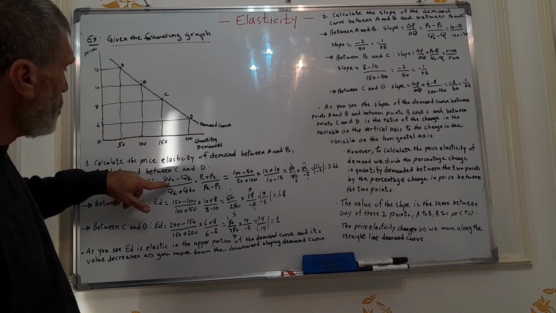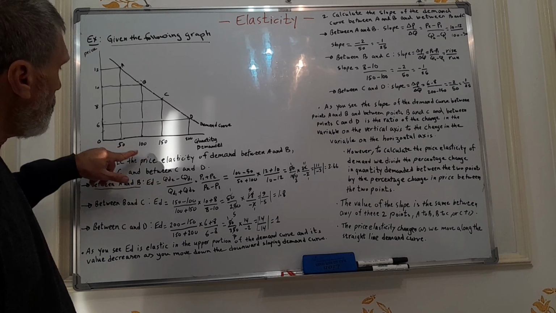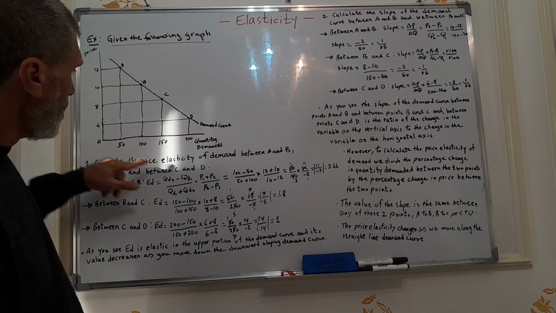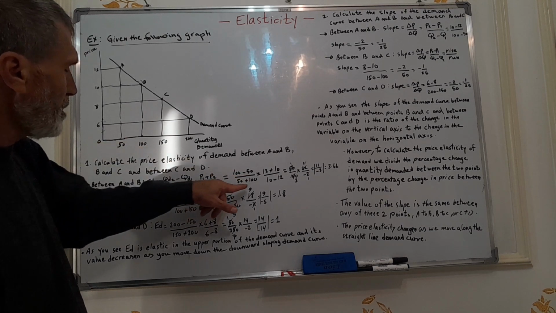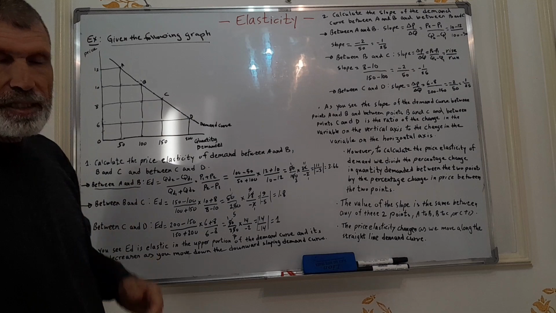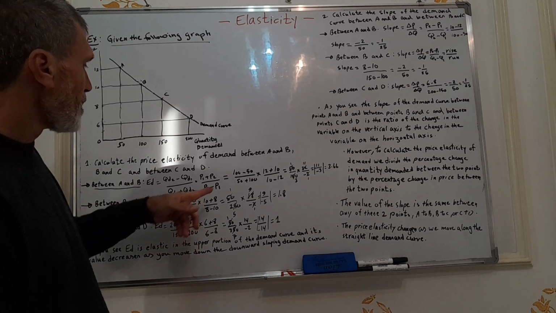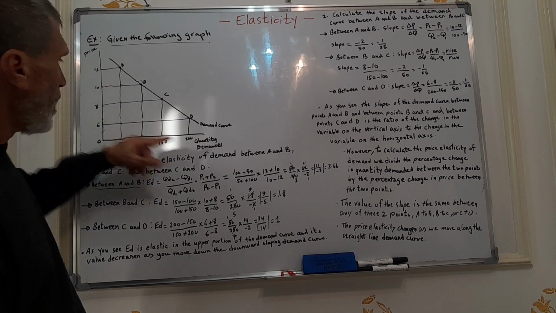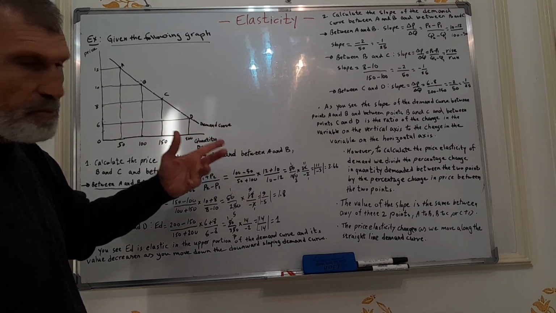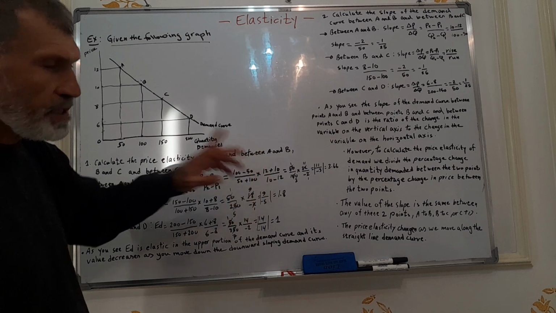So it's going to be QD2, 100, minus QD1, 50. 100 minus 50 over 50 plus 100. We just add the quantities, times P1 plus P2, 10 plus 12, or 12 plus 10, same thing, over 10 minus 12.